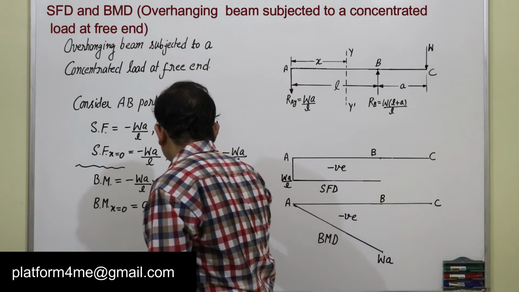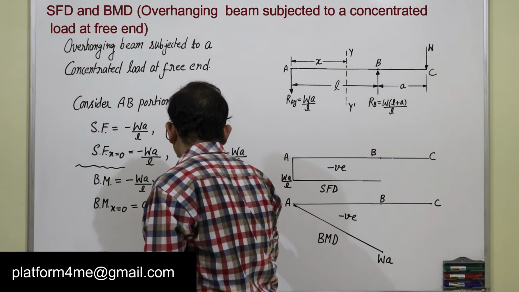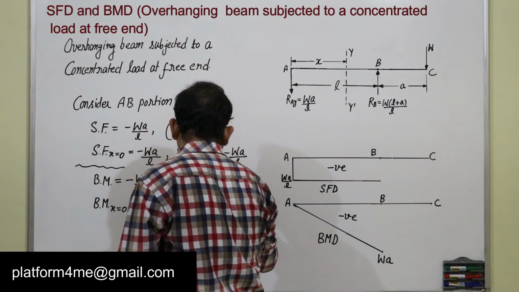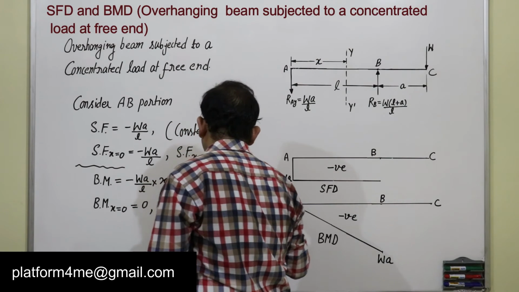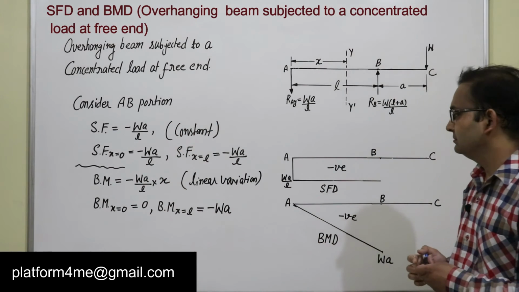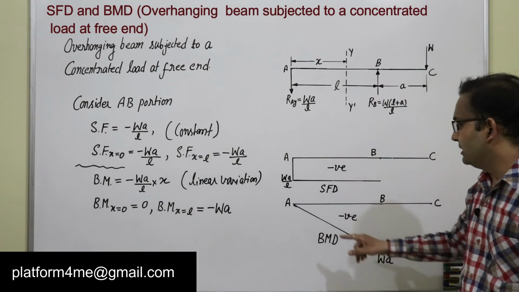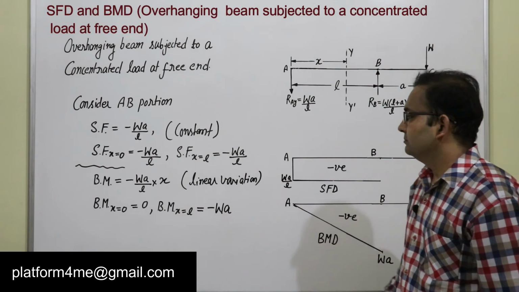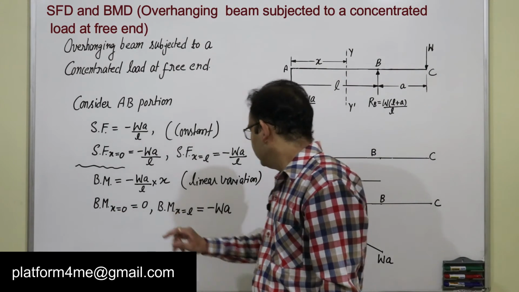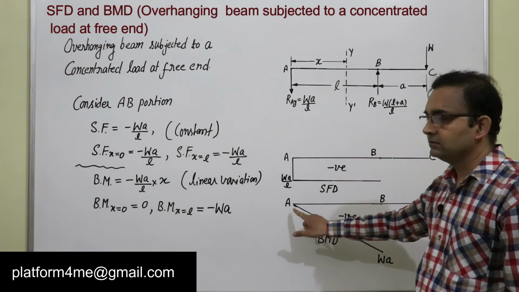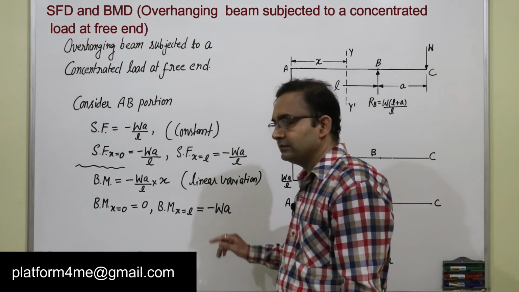So, this is a linear variation. We can see here for portion AB, bending moment at x equal to 0, or at point A, is 0, and bending moment at x equal to L is minus WA.